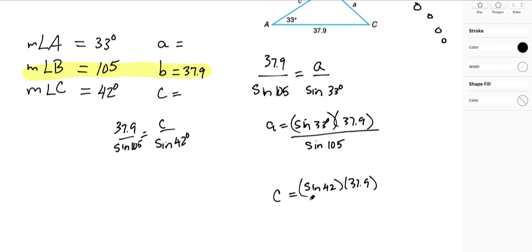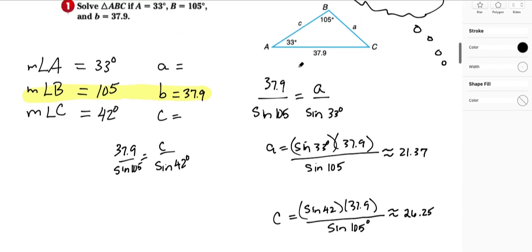You guys with me? All of that over the sine of 105. And so now everything's calculator ready. I'm just going to plug it into the calculator to get my values for A and C so I can have this triangle completely solved.